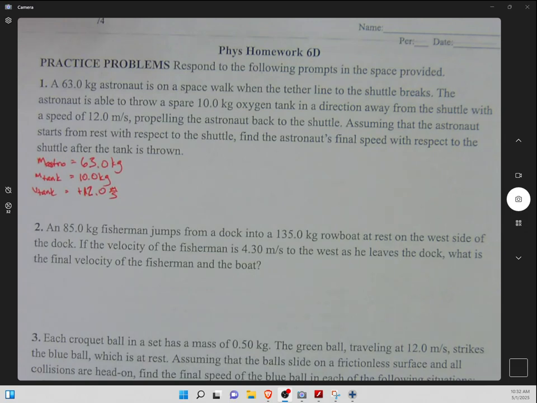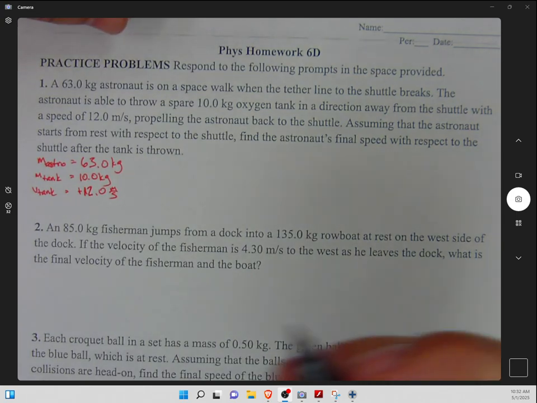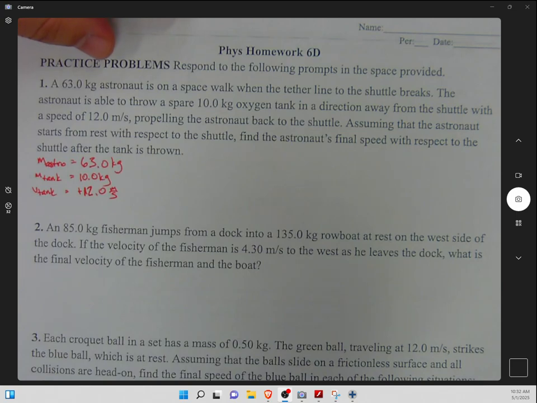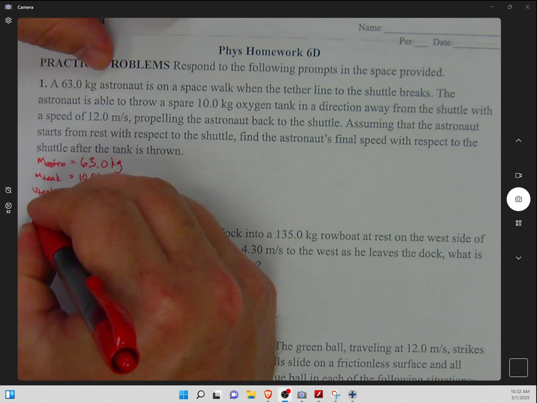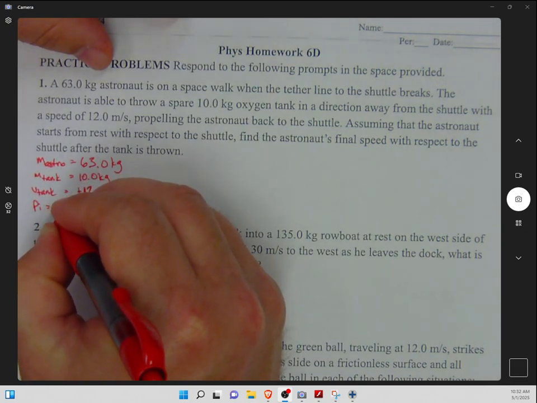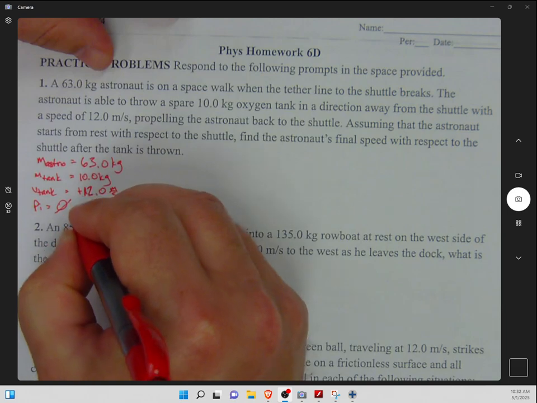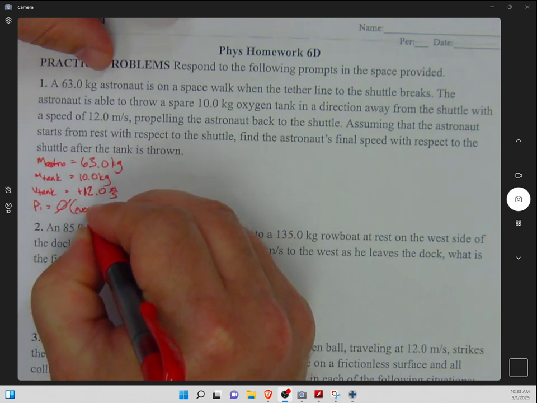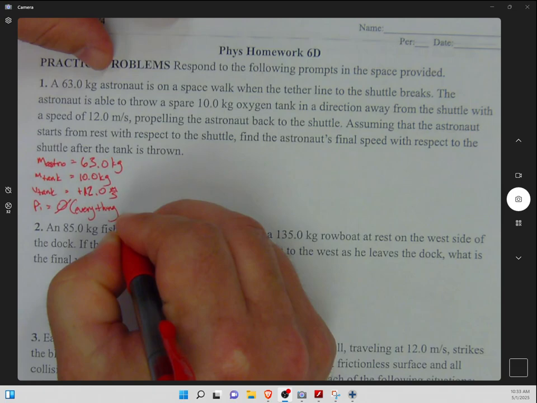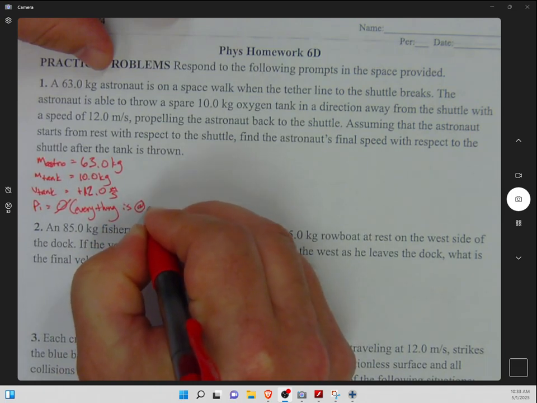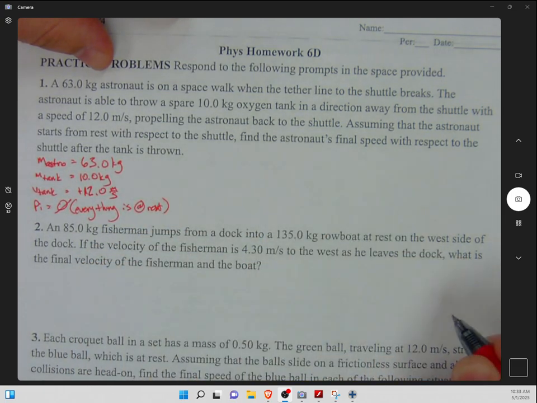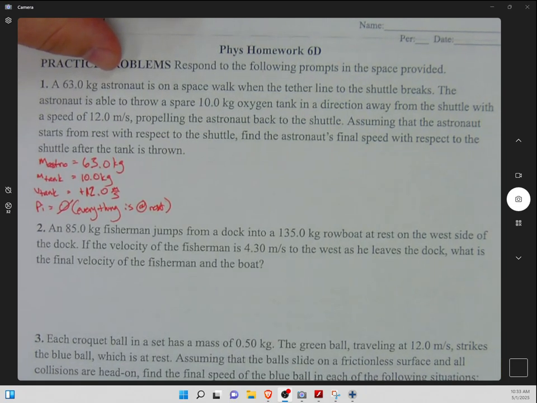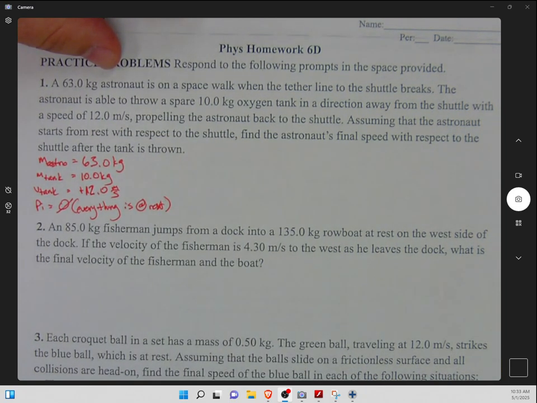You could just as easily call that negative if you wanted to. You just have to indicate that the opposite direction is positive, right? Now, we do know that the initial momentum is equal to 0, meaning everything is at rest. These are the things we know going into this calculation.